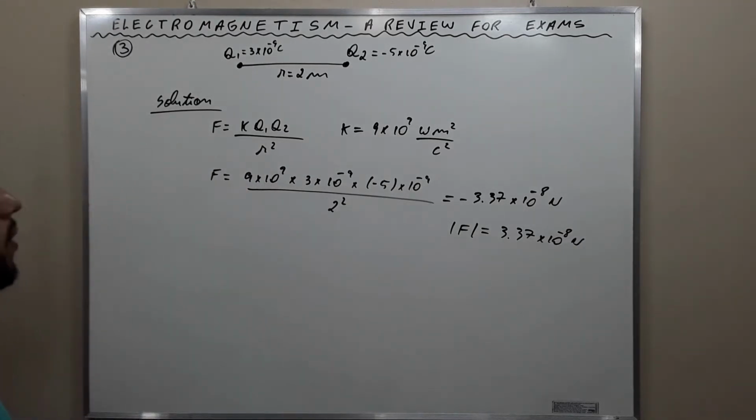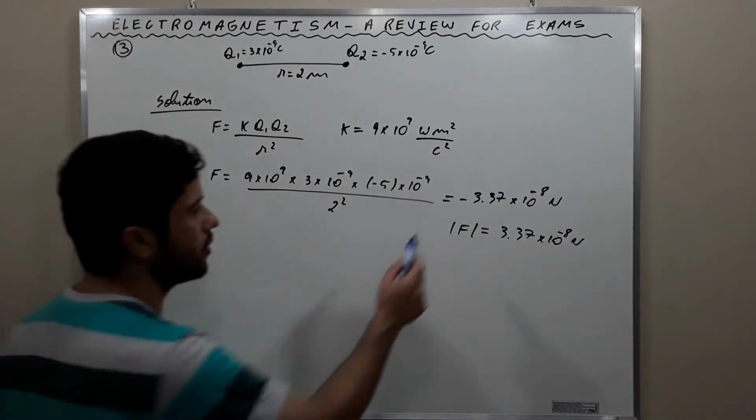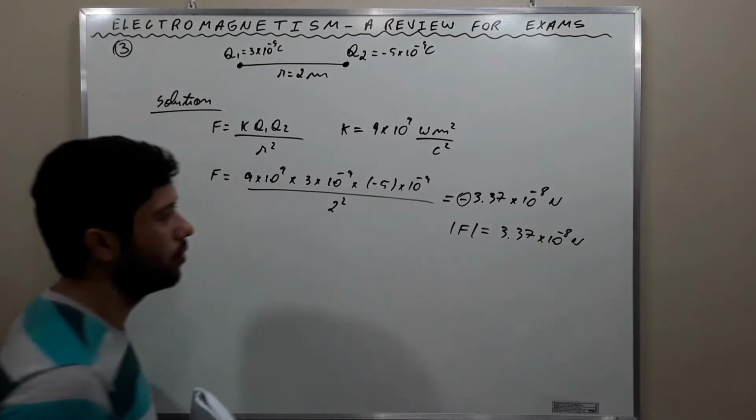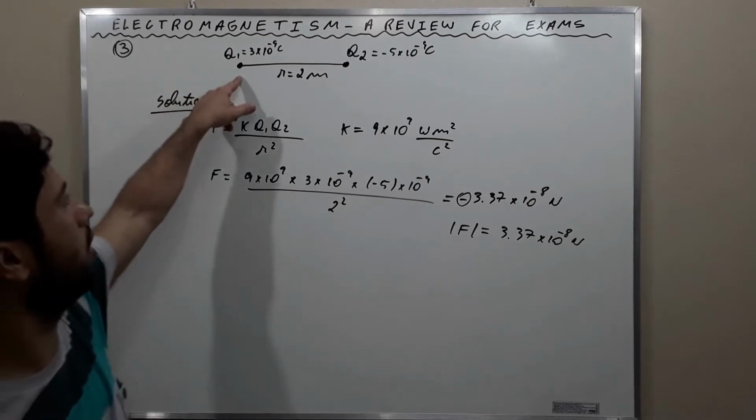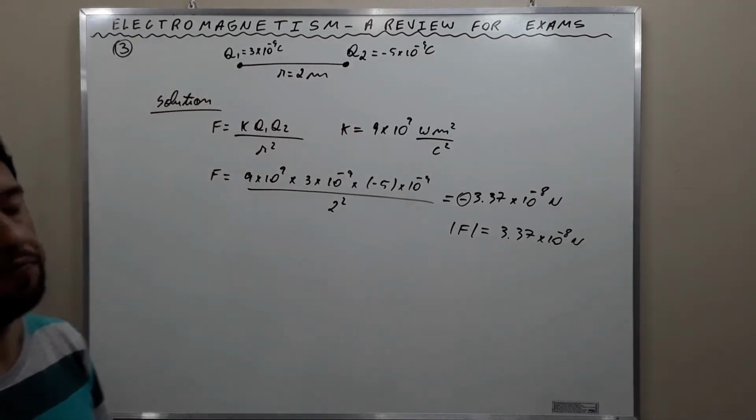And we have a negative number here. What does it mean? When you calculate the forces and you discover a negative number, it means that they are attractive. The force is attractive, which means that one charge is going to attract the other.